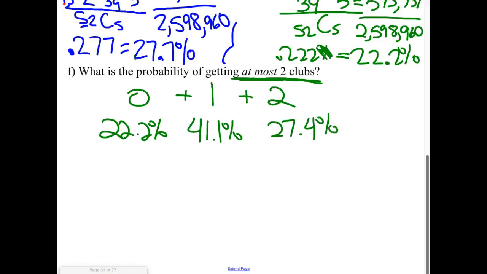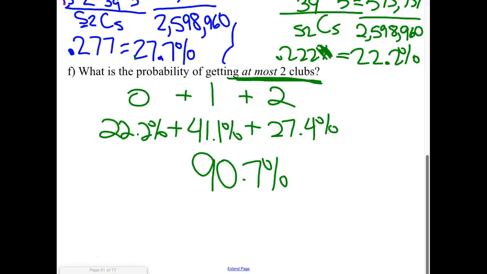Because this is an OR problem, we are going to add them. When we add these 3 percentages, we get 90.7%. So there's a really good probability, because that's really close to 100%, of getting at most 2 clubs. And again, those are words and phrases that we talked about in chapter 1.